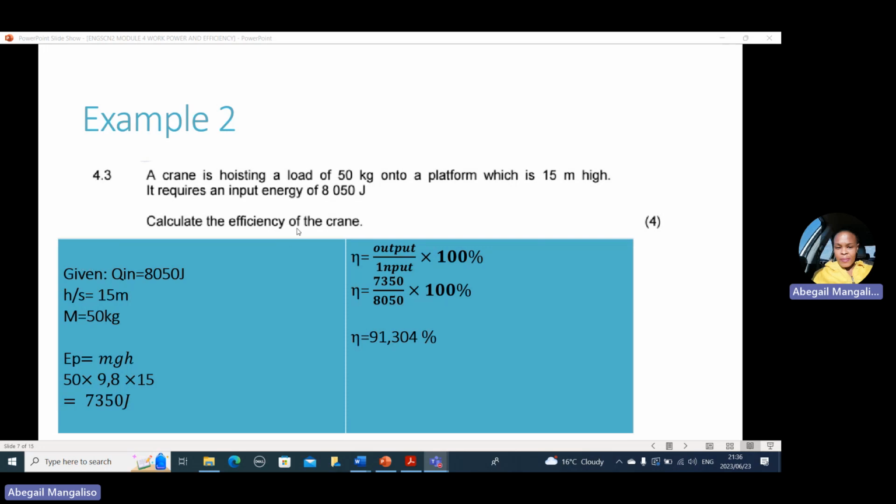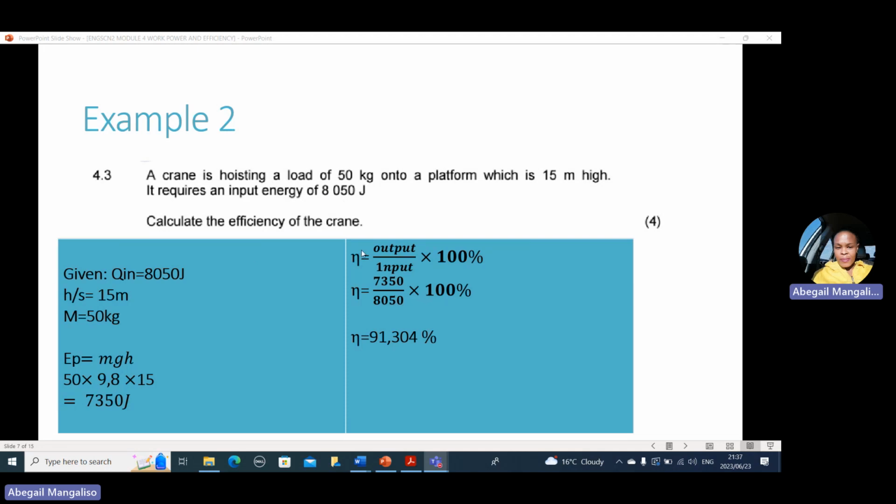When we write the givens, the input energy, which is Q in for heat, we can use the symbol Q or E in for energy. It is 8,050 joules, and the height is given as 15 meters. The mass of the object is 50 kg. Now it says calculate the efficiency.